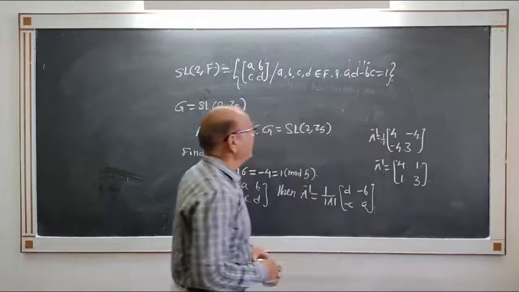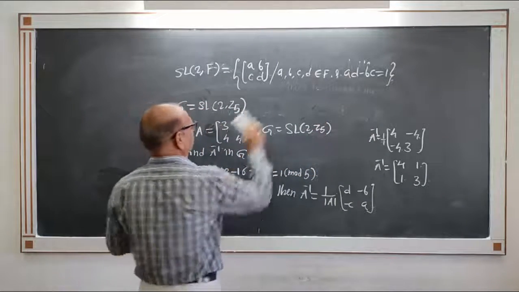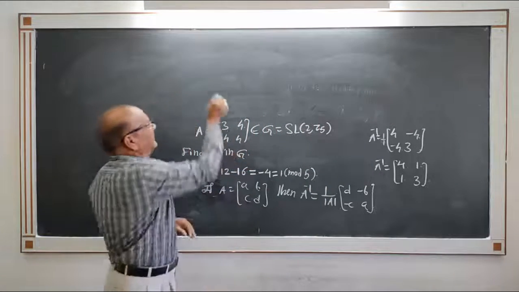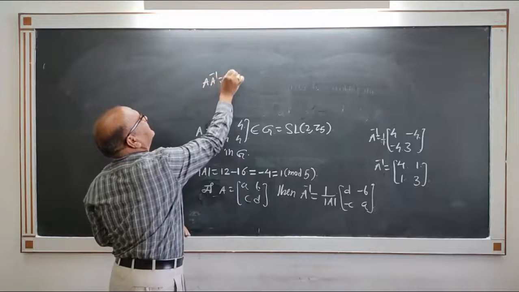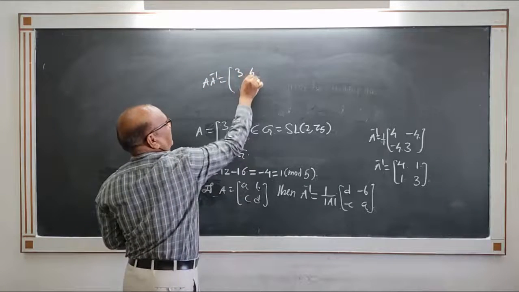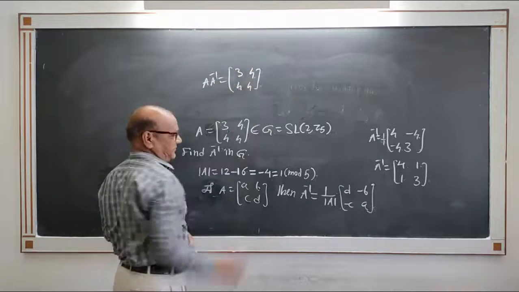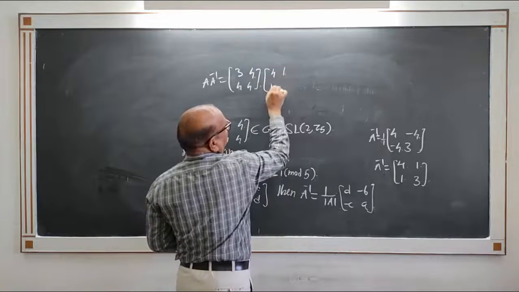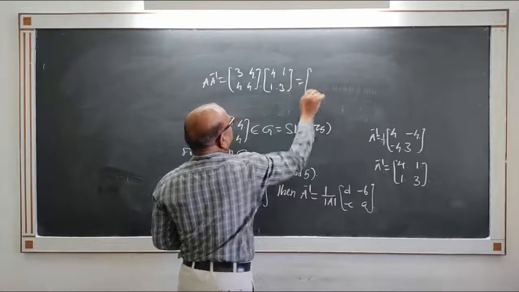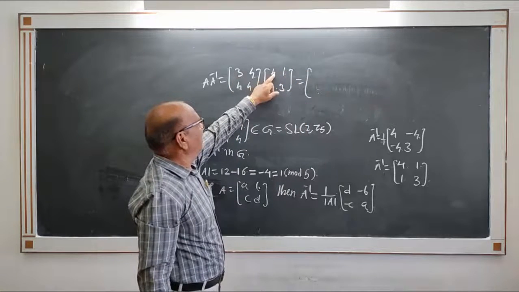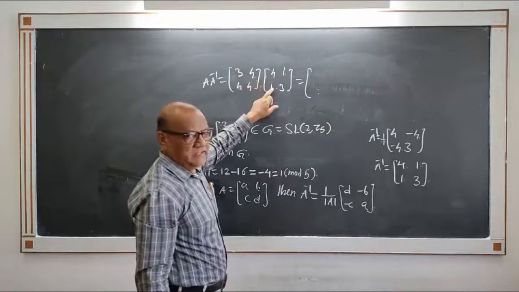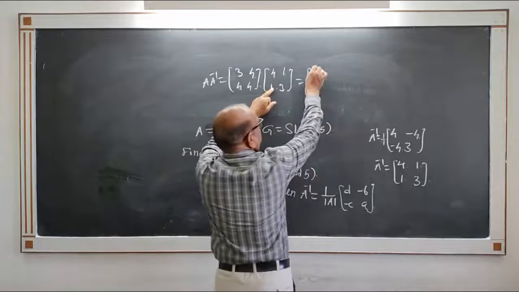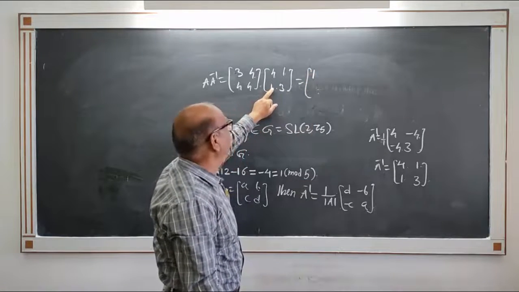Now check. This is A inverse. A into A inverse is the matrix 3, 4, 4, 4 times 4, 1, 1, 3. 12 plus 4 is 16, and 16 means 1 in Z5, using multiplication modulo 5.